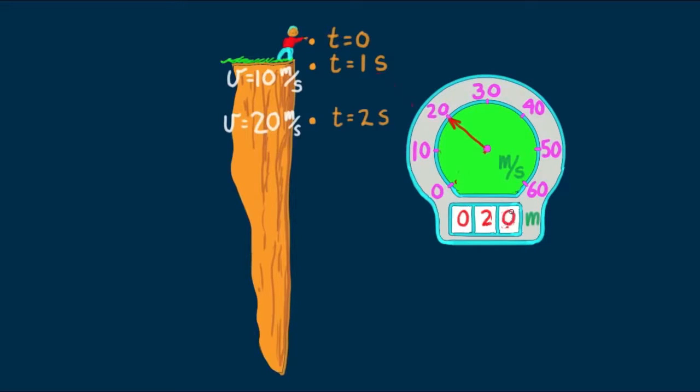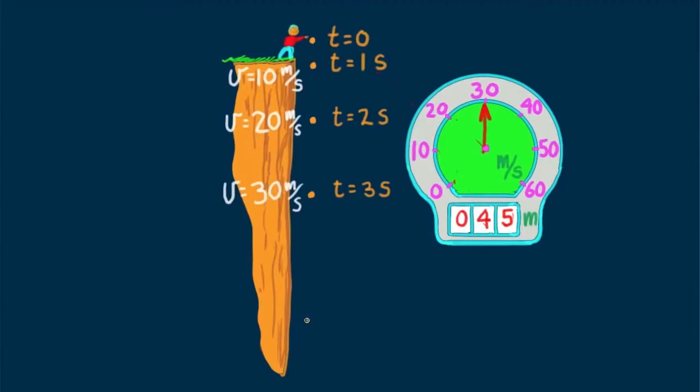And our odometer reading is 20 meters. 1 second later, the boulder again gains 10 meters per second, and the speedometer reading is 30 meters per second. And our odometer reading is 45 meters. And another second later, another gain of 10 meters per second finds the speedometer reading 40 meters per second. At the 4-second mark, we find our boulder has fallen 80 meters at the instant its speed is, as said, 40 meters per second.